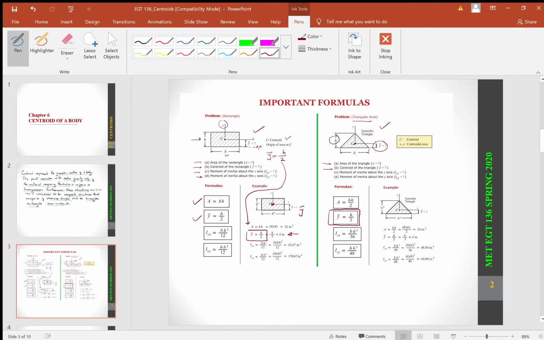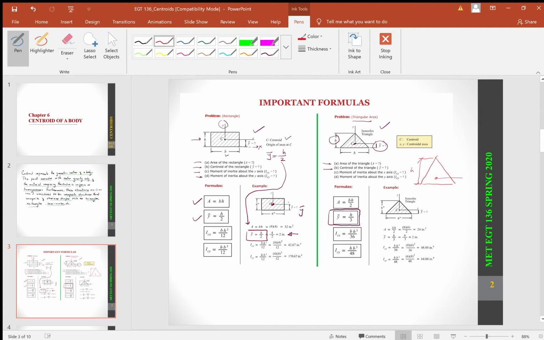So in other words, if you have a triangle like this, oops, let me draw this a little bit larger so you can get the point I'm trying to make here. So I have a triangle like this. From here to here is h.